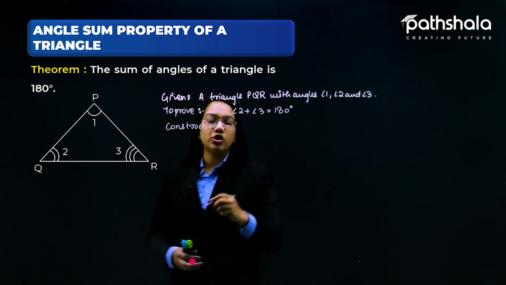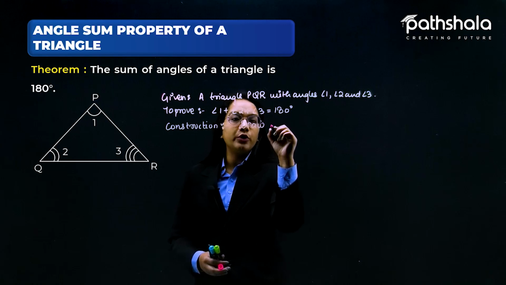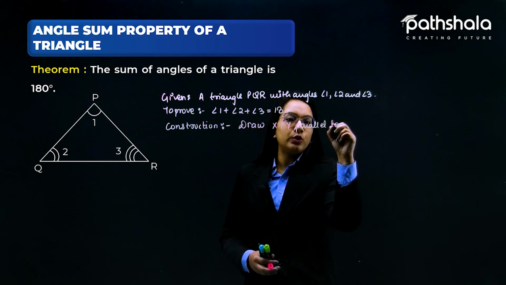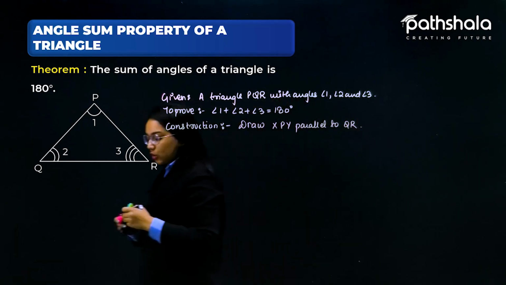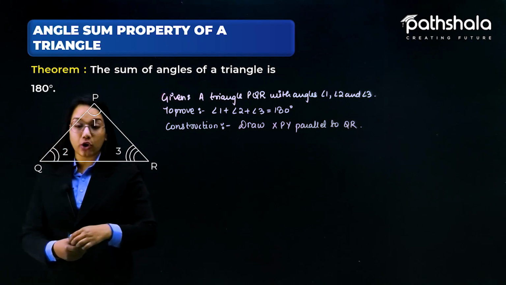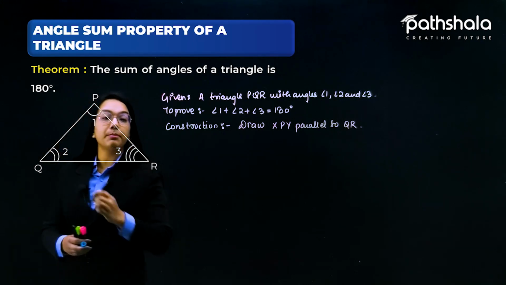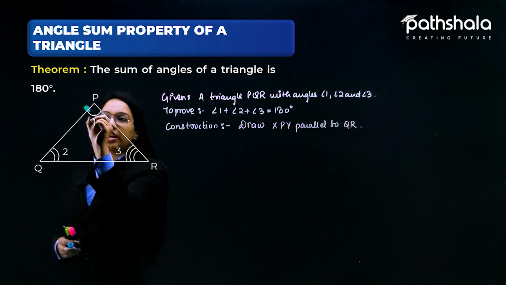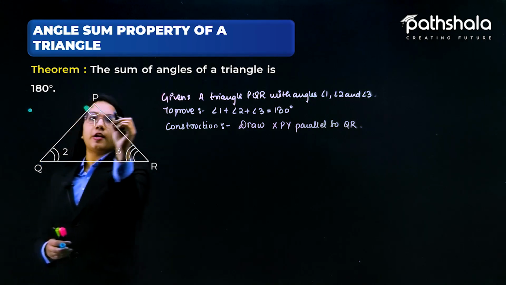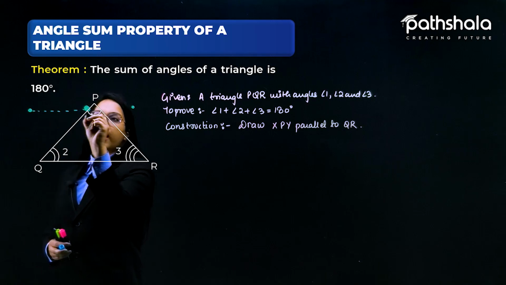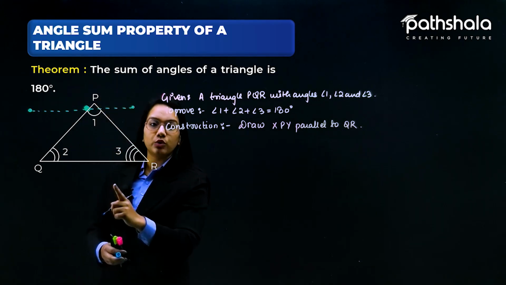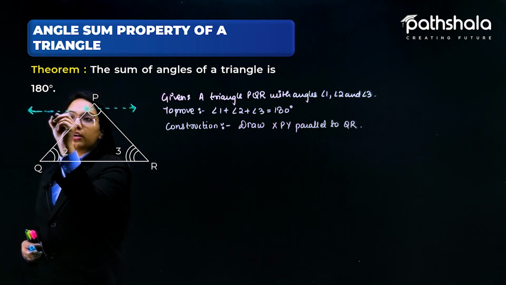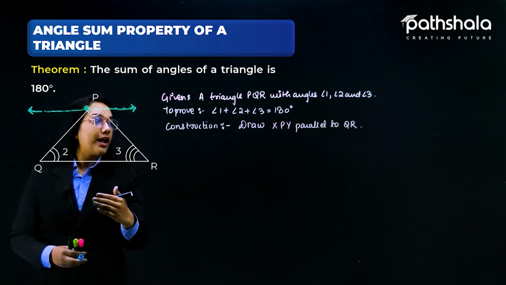I'm doing a little bit of construction here: draw XPY parallel to QR. I'm drawing a line XPY through this point P, which is parallel to this line QR.